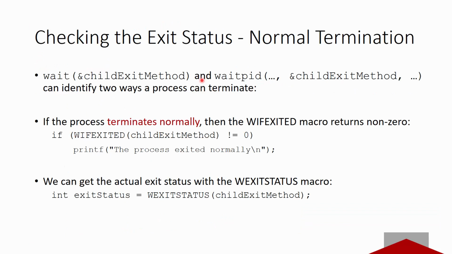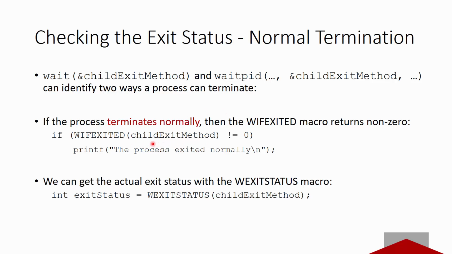Okay, so let's check that exit status and see if we can learn something about how these processes have exited. So with both wait and waitpid, we can identify two different ways that that process could have terminated, and we talked about these originally. If it terminated normally, meaning it ran off the end of its code, it called exit, it called return for whatever reason with whatever value, then we can use this special macro WIFEXITED. We can use this WIFEXITED macro on our child exit method integer.